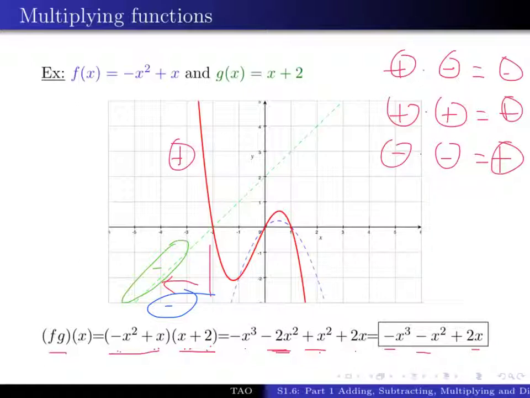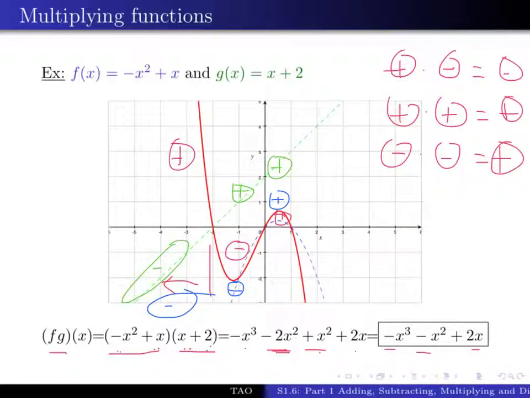Okay? In the region between negative 2 and 0, our green is positive, but our blue is negative. Positive times a negative is a negative. Okay? In between 0 and 1, our green is positive and our blue is positive. Positive times a positive, well, that's a positive.